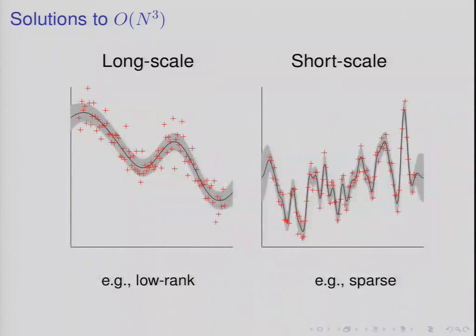Based on the graphic you're showing there, it seems like almost no smoothing is occurring in the short scale case. Like the GP is just drawing lines between successive data points.